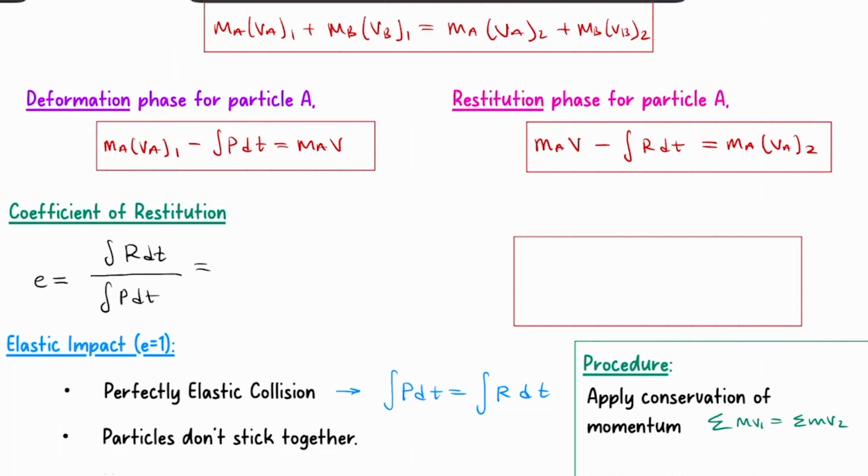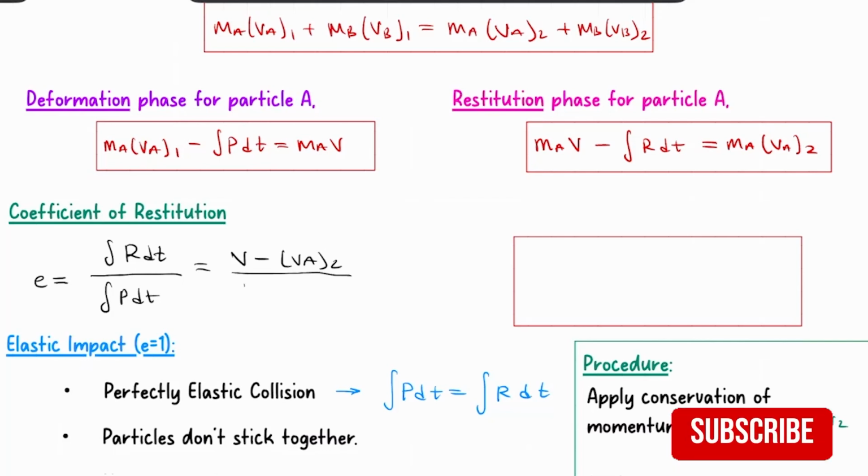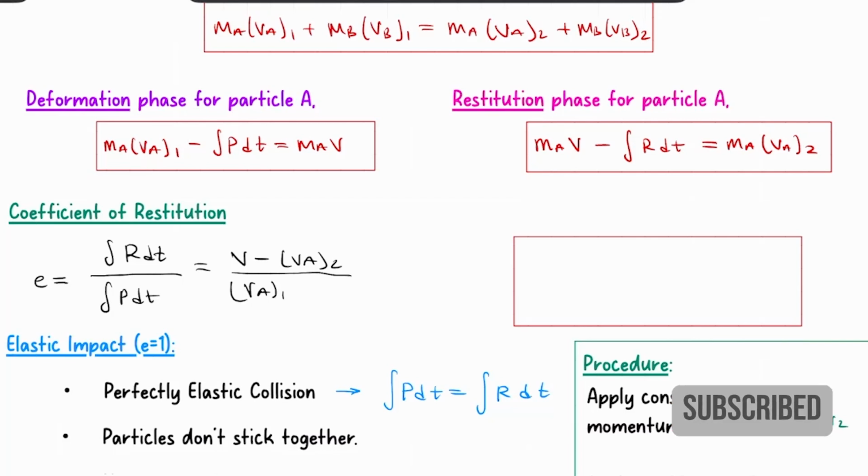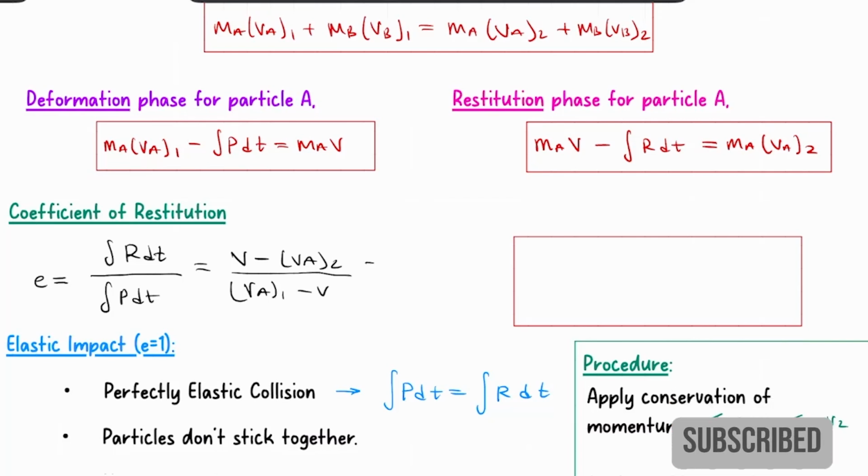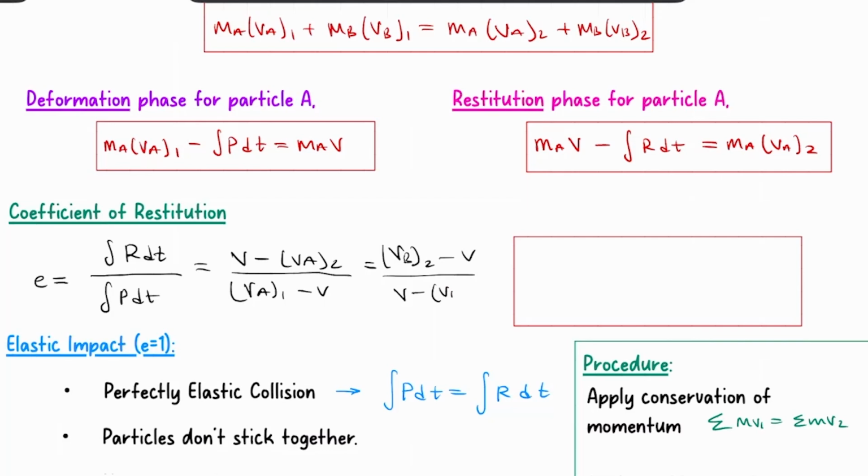So this can be redefined as V minus VA2 over VA1 minus V, which is equal to VB2 minus V over V minus VB1.